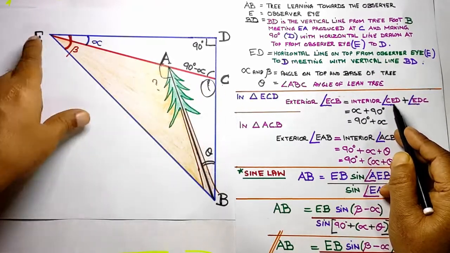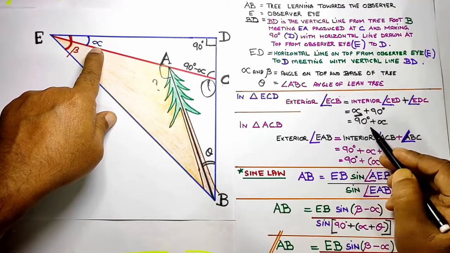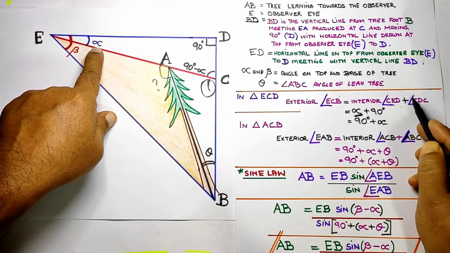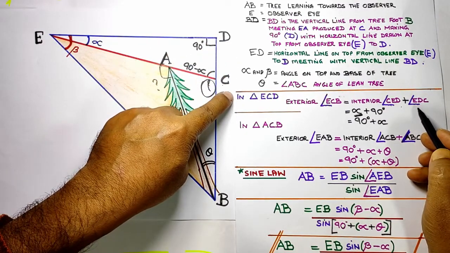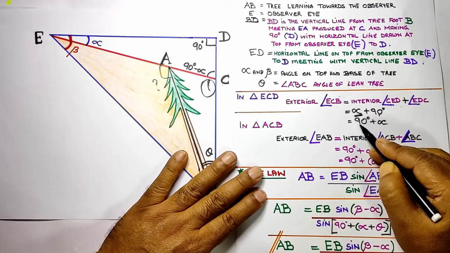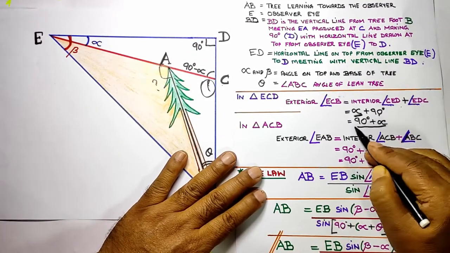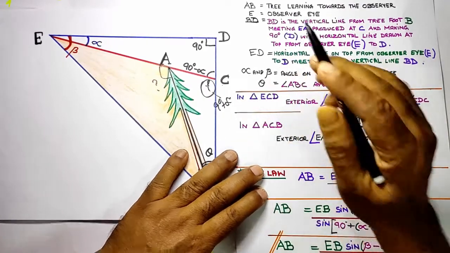Interior CED. CED is alpha. We'll put alpha here, plus EDC. What is EDC? EDC is 90 degrees here. So it becomes 90 degrees plus alpha. We got this one: 90 degrees plus alpha.